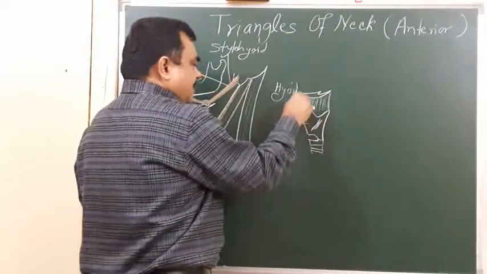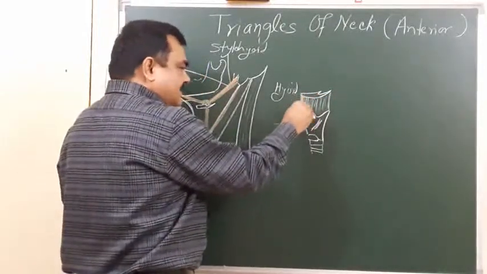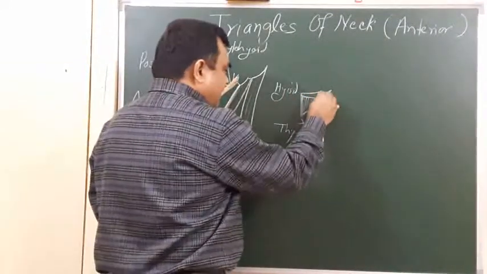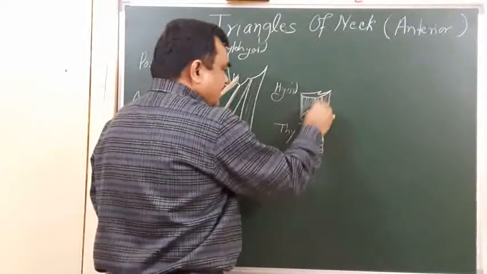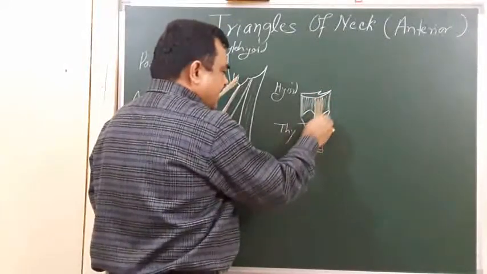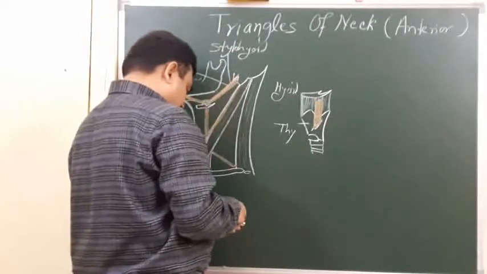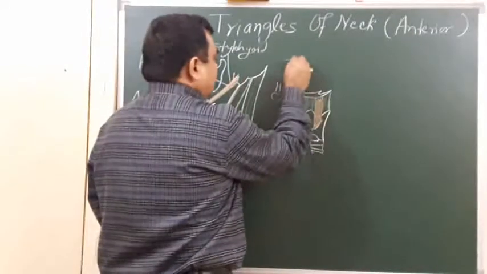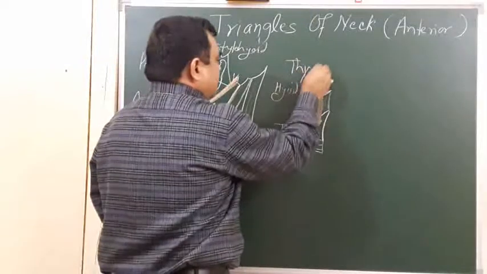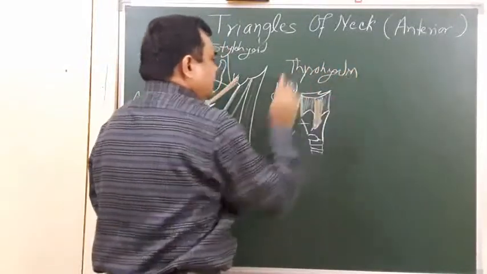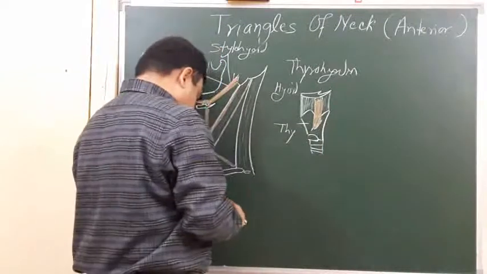Anteriorly it becomes thickened to form the thyrohyoid ligament. This is the thyrohyoid ligament, and a muscle extends from here to here. This muscle is the thyrohyoid muscle.